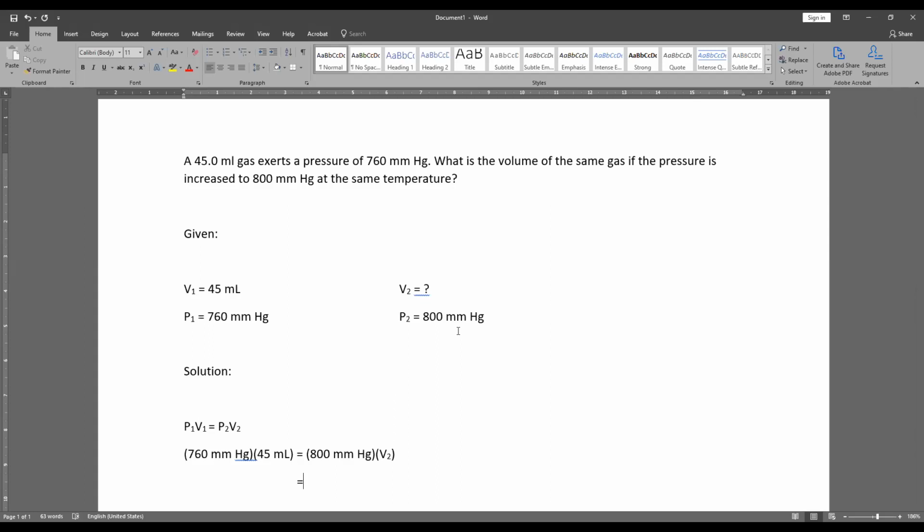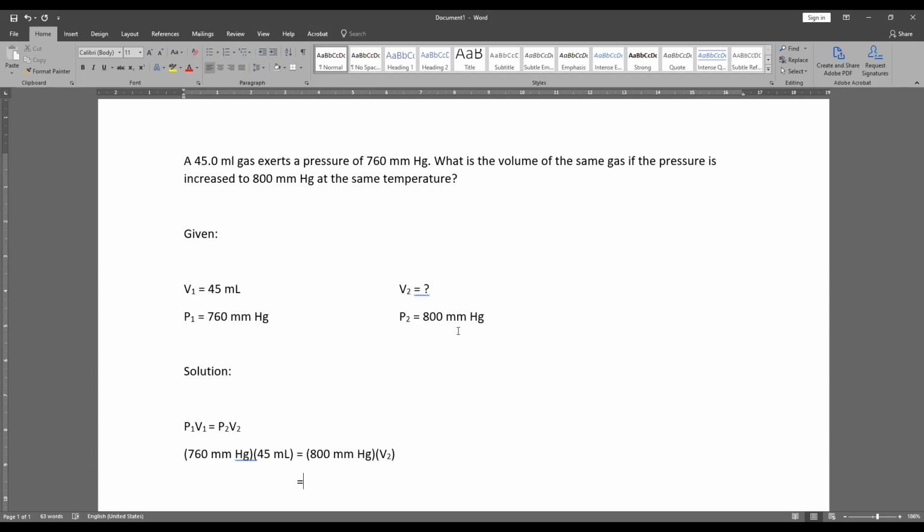On the right side, the 800 millimeters of mercury will be cancelled, and on the left side, 760 millimeters of mercury times 45 ml over 800 millimeters of mercury is what we will solve.